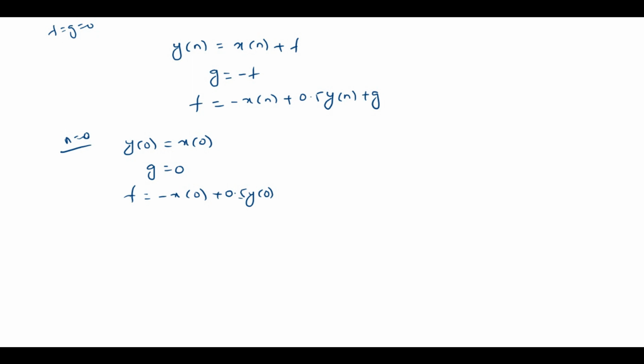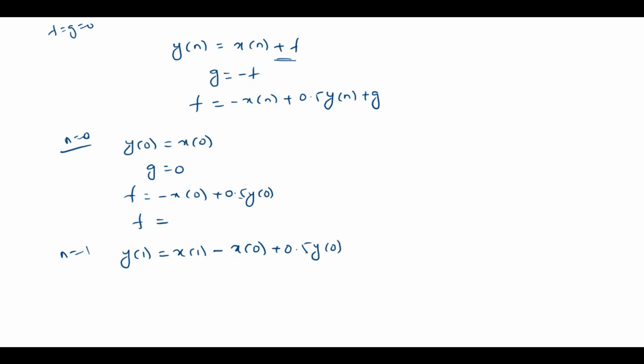Clear? Now, you can rewrite the f value as, y of 0 is nothing but x of 0 only, or you can rewrite it in terms that we'll see. At n is equal to 1, that is y of 1 is equal to x of 1 plus f. F is nothing but here minus x of 0 plus 0.5 y of 0.